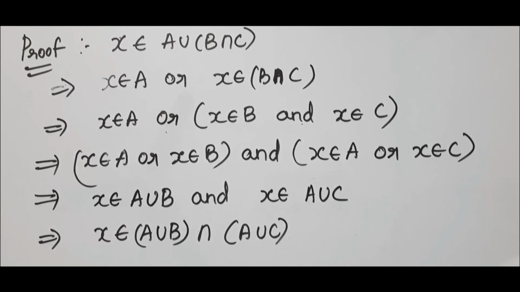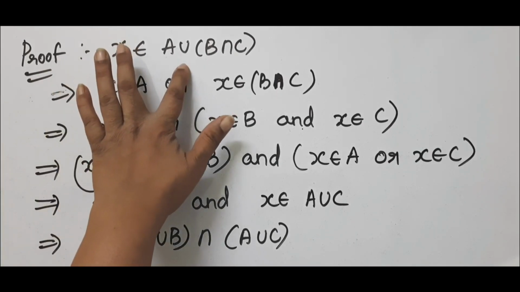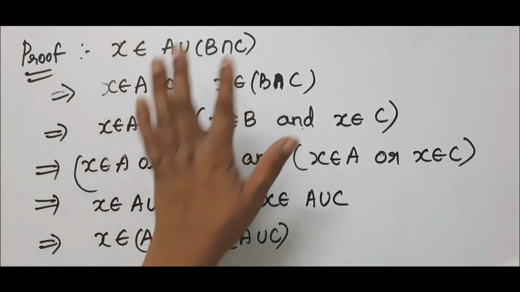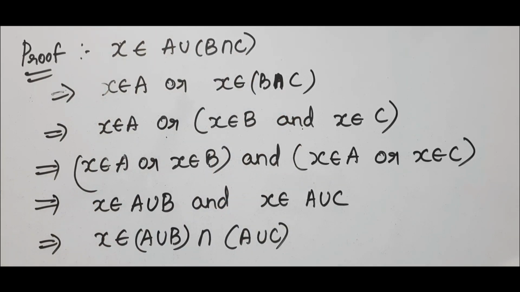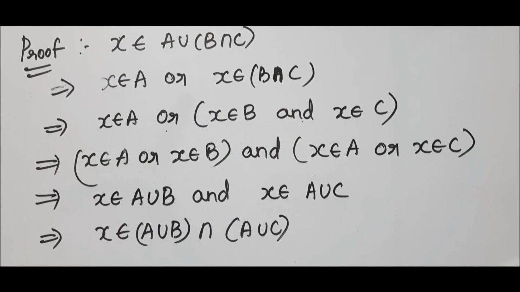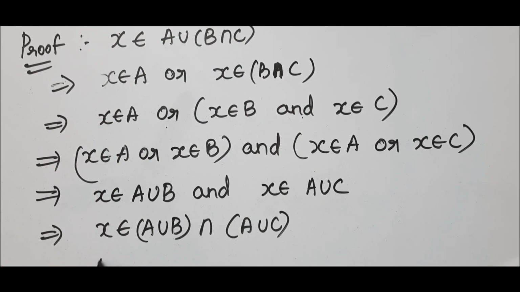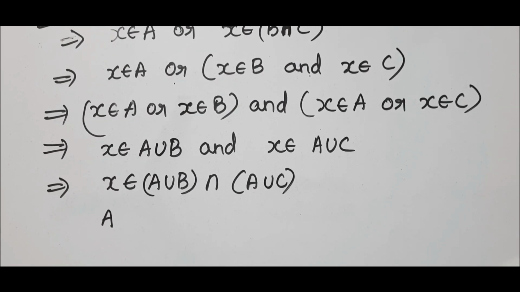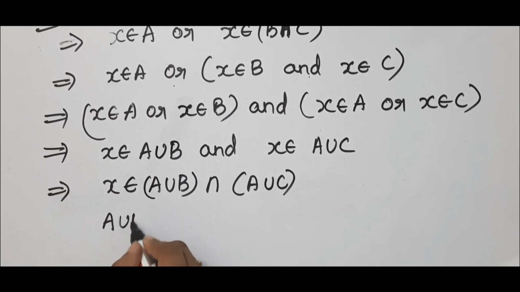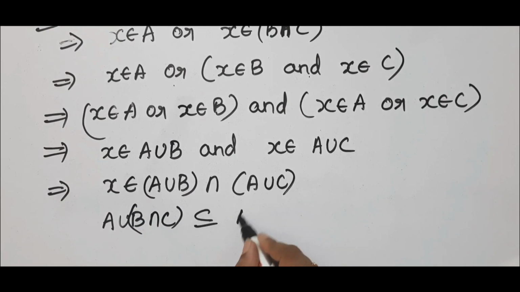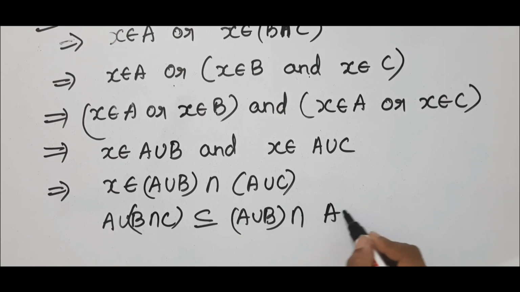So we have shown that X belongs to A union (B intersection C), the same element which is in (A union B) intersection (A union C). Is it not? So we can say that both are subsets. So A union (B intersection C) is a subset of (A union B) intersection (A union C).